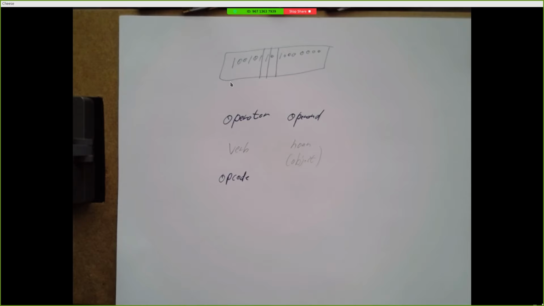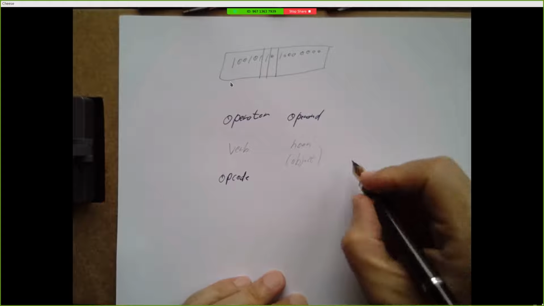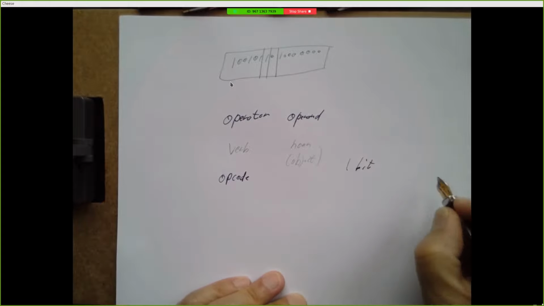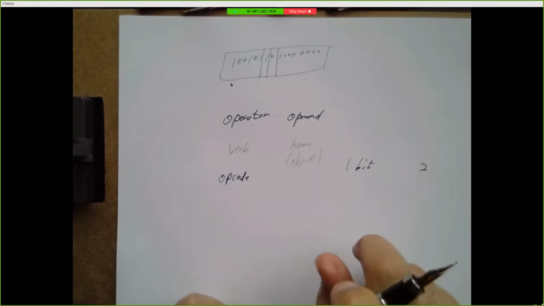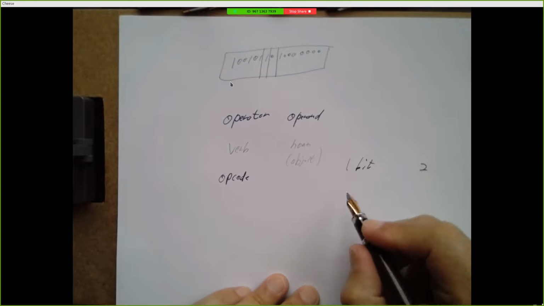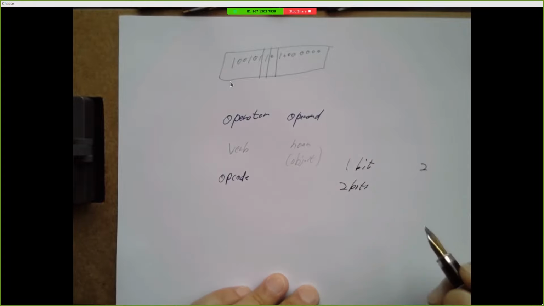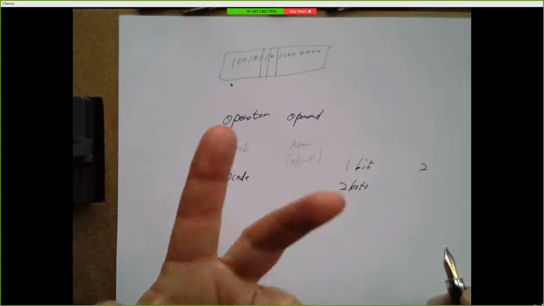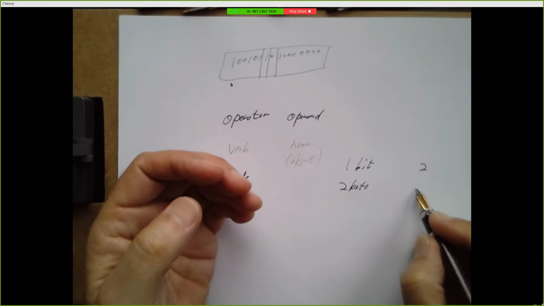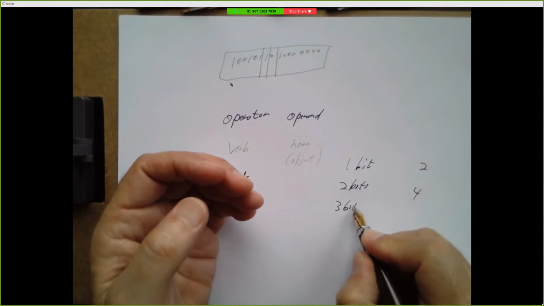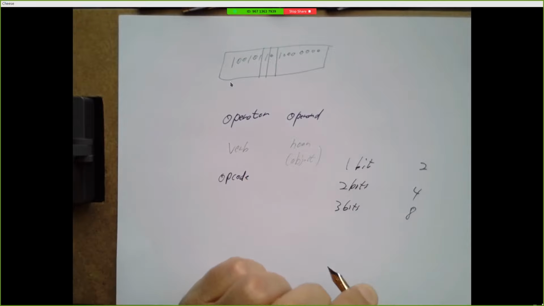So if you have 1 bit, you have a total of 2 things that you can specify, a 0 or a 1. If you have 2 bits, you can specify 0 0, 0 1, 1 0, or 1 1. That's 4. If you have 3 bits, you have 8.